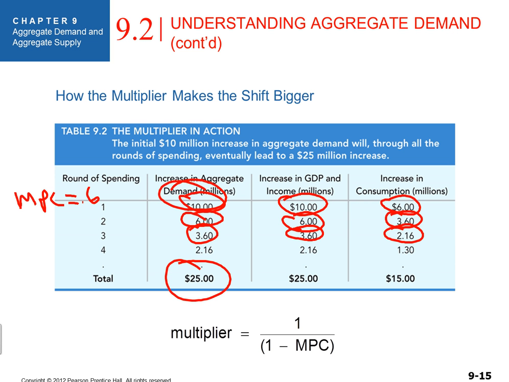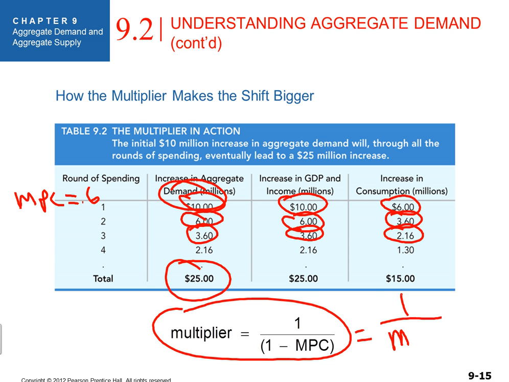So the initial shift was the 10 million. The combined final shift is 25 million, and that's the multiplier. The multiplier is calculated as 1 over 1 minus MPC, which is the same thing as 1 over MPS.